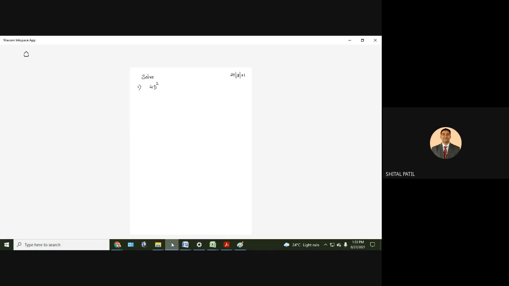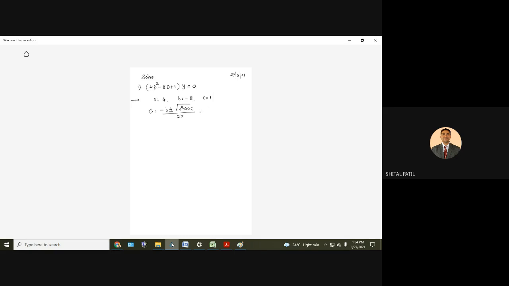4D square minus 8D plus 1Y equal to 0. Those having a calci can use the calci. Else you can use our usual method of quadratic equation. Coefficient of D square is a, coefficient of D is b, and constant is c. And we know what the formula is: minus b plus minus square root of b square minus 4ac, divided by 2a.